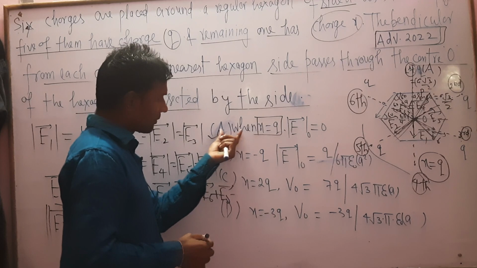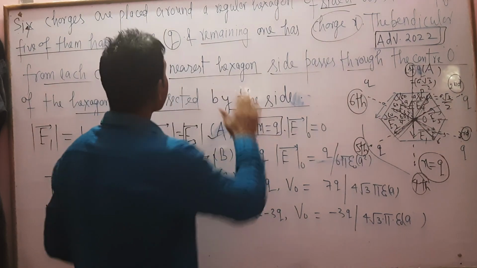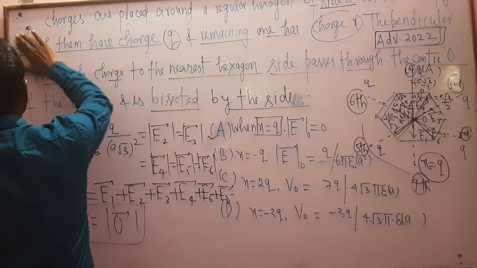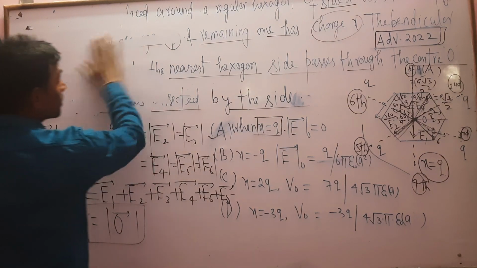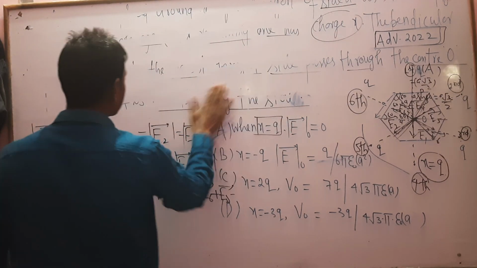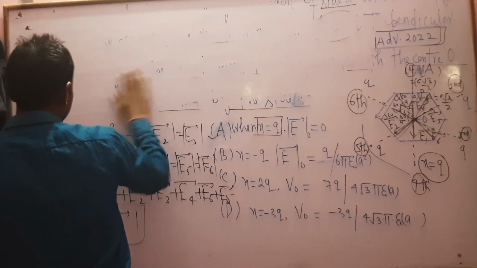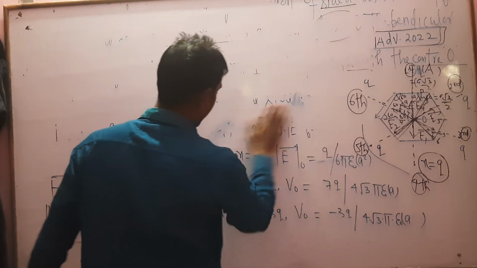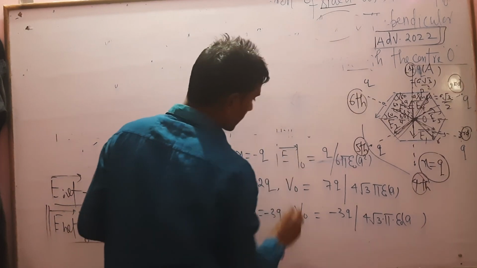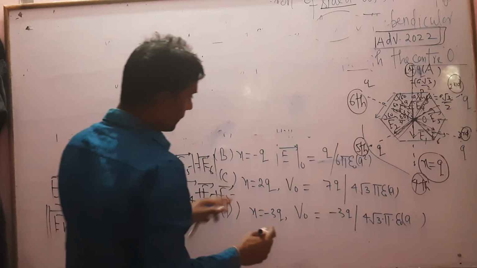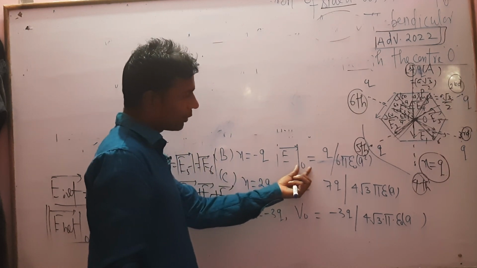Similarly, we check the second option. The second option says if X equals minus Q, then what is the net electrical field at point O?